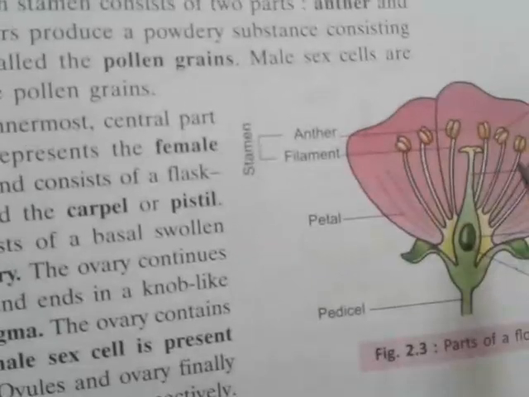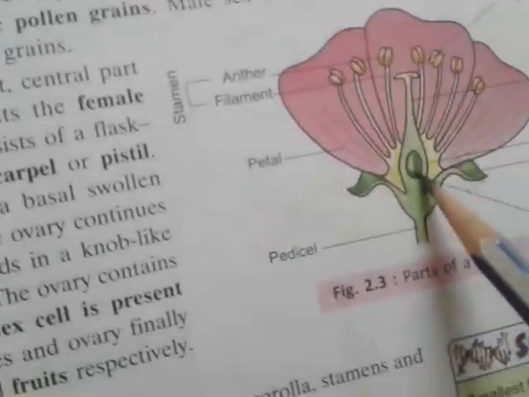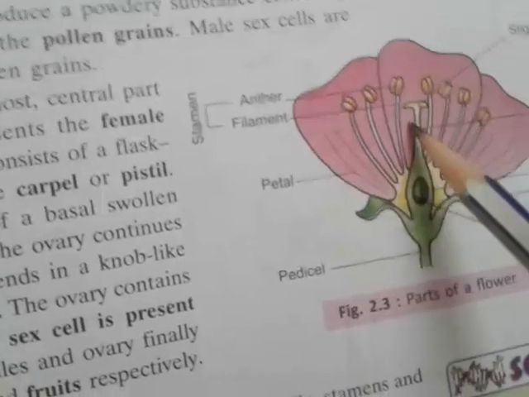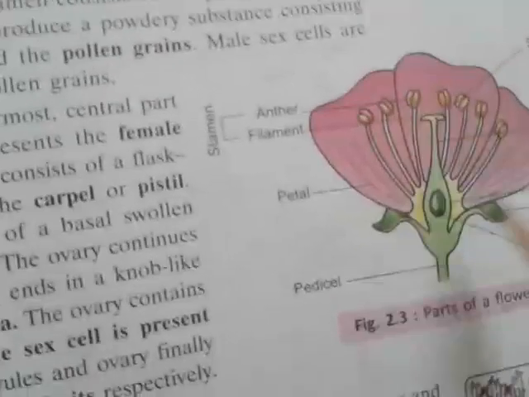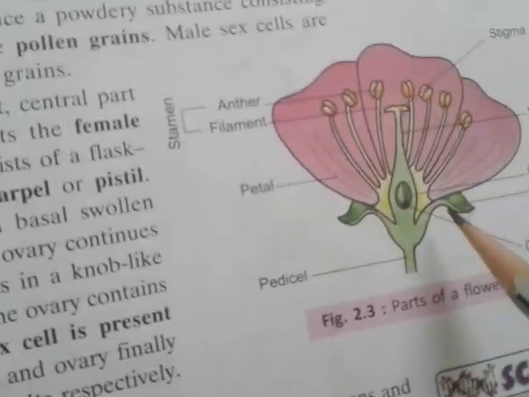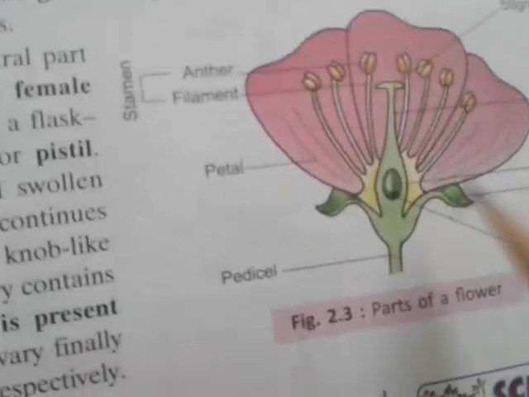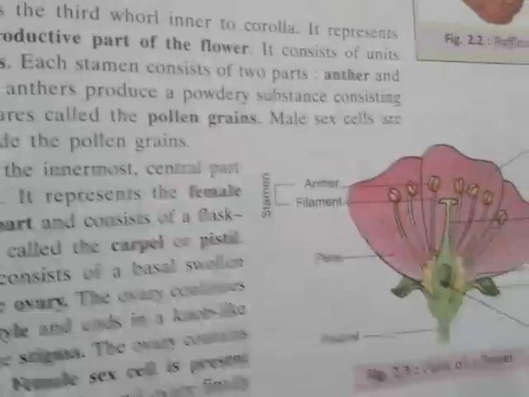The ovary contains a part called the ovule, and this knob-like part is called the stigma. The ovary contains many ovules. The female gamete is present inside the ovules, and the ovules and ovary finally develop into seeds and fruit respectively. Okay, so this is all about the gynoecium.